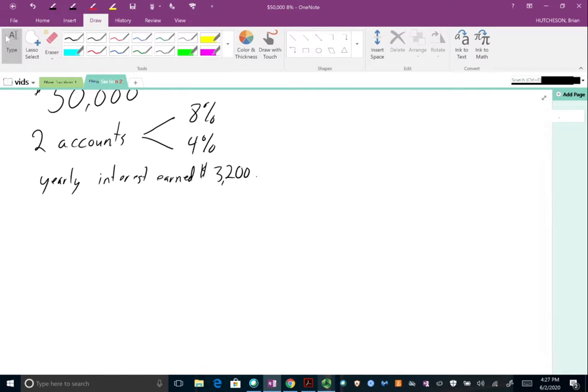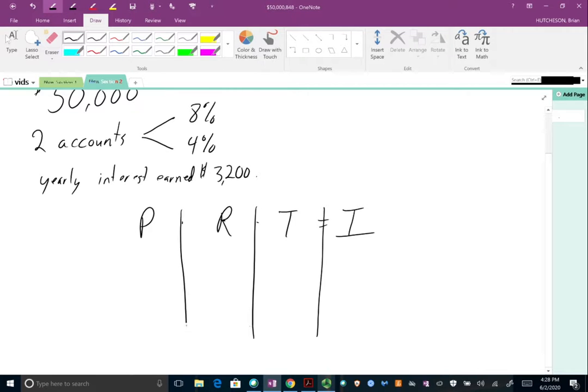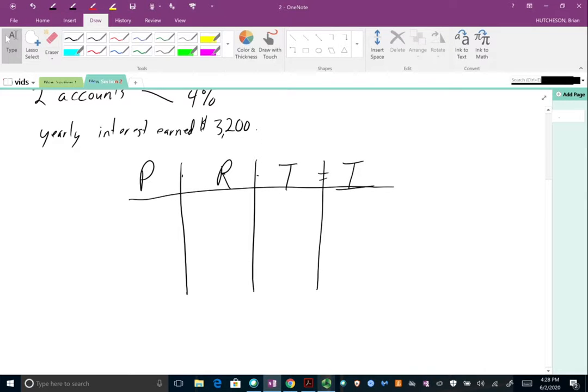The way we tackled it in the first video was that basically principal times rate times time gives me interest, and we did it in chart form. I'm still going to start this one in chart form. So one interest was 8%, the other interest was 4%.